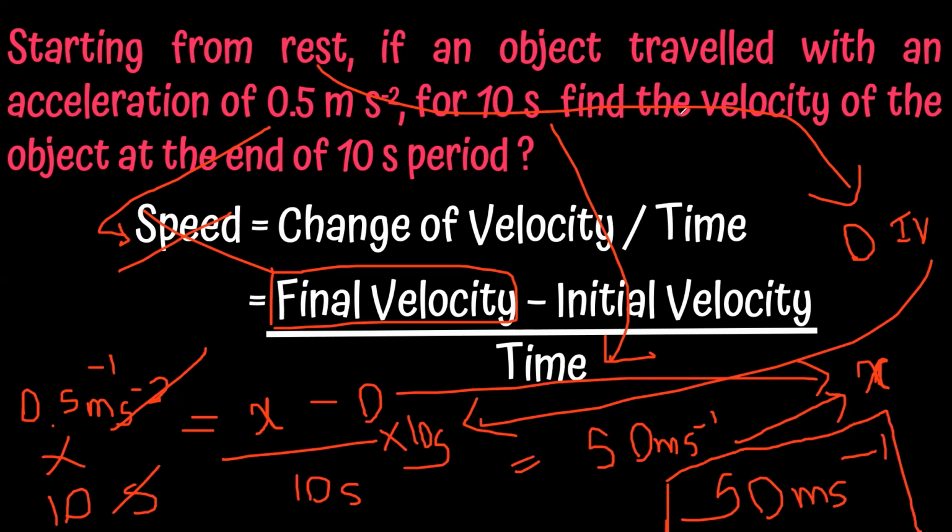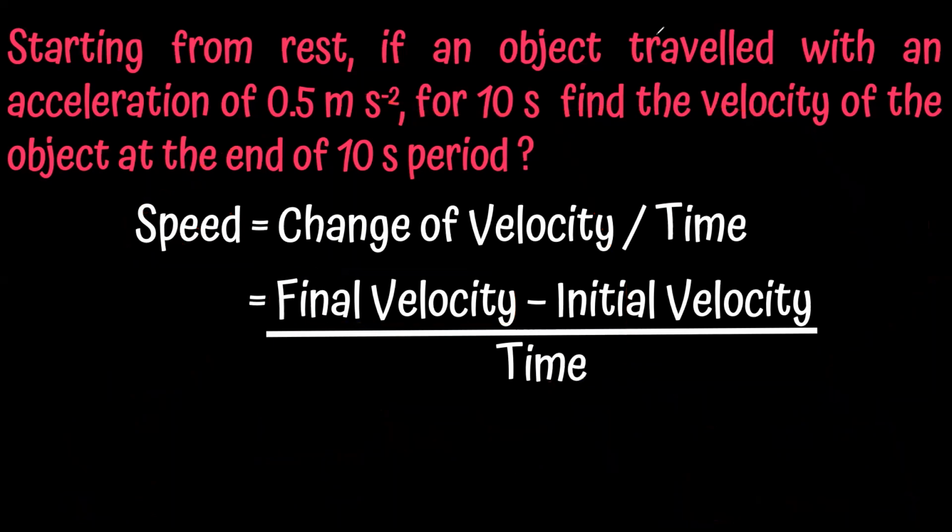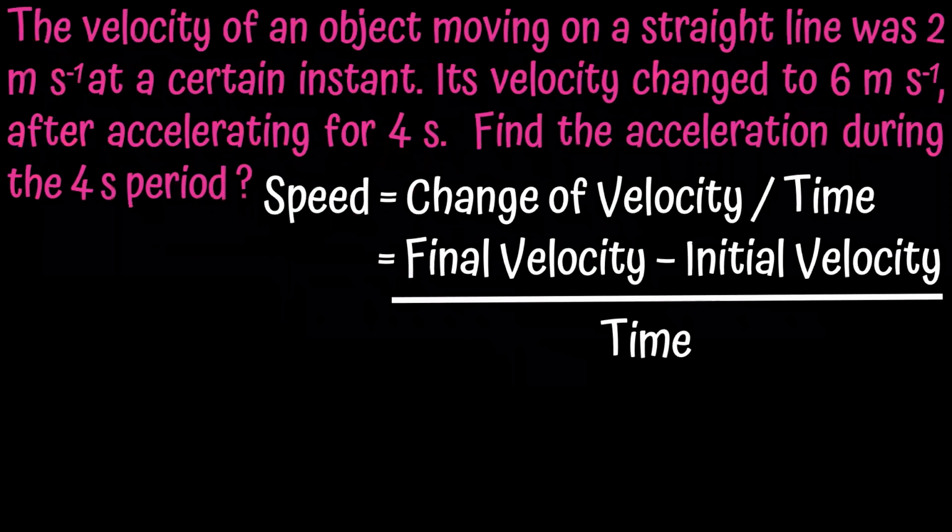Let's solve another question about acceleration. The velocity of an object moving on a straight line was 2 ms minus 1 at a certain instant. Its velocity changed to 6 ms minus 1 after accelerating for 4 seconds. Find the acceleration during the 4-second period.